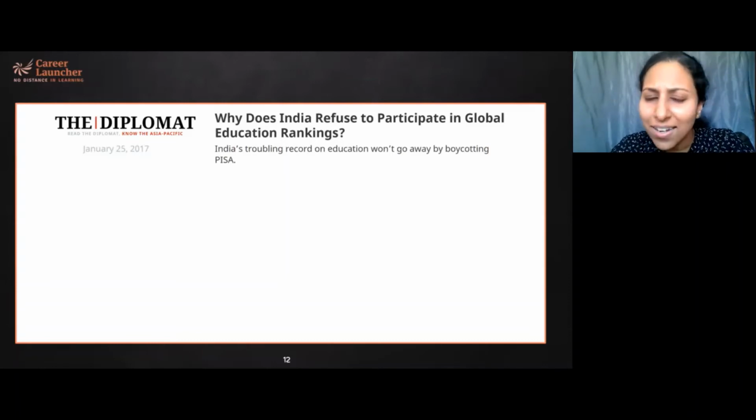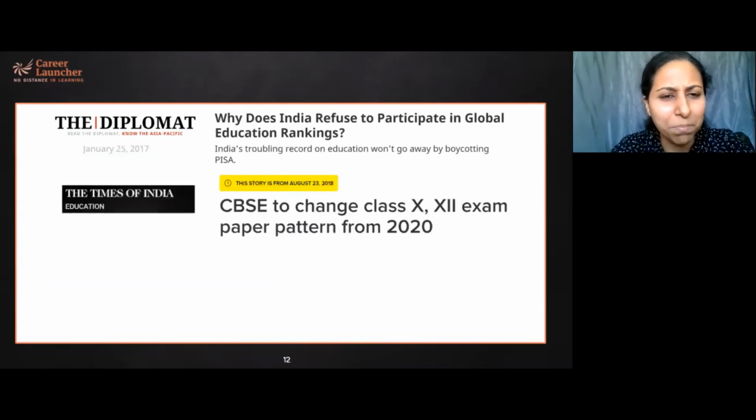And then this headline comes up in 2018: CBSE to change class 10, 12 exam paper pattern from 2020. Many of you might not have thought much about it. It was just another usual change in exam pattern. But there were serious discussions going on to equip you to handle the international stage.